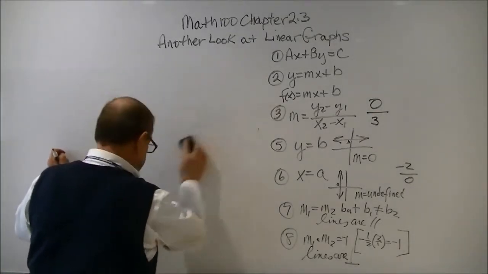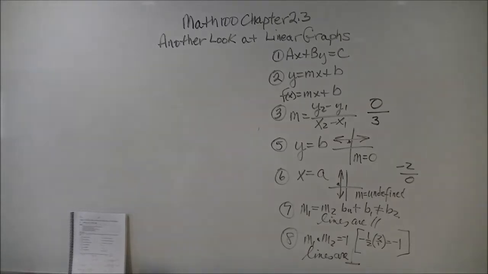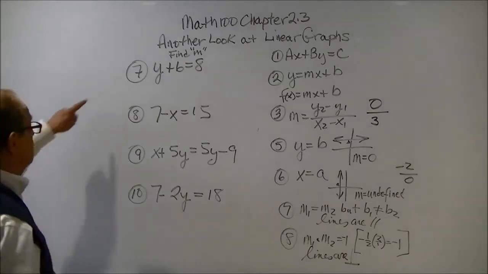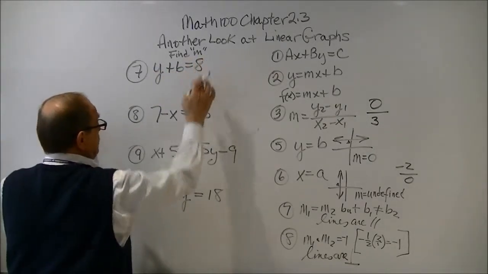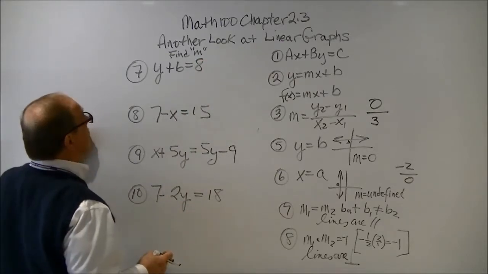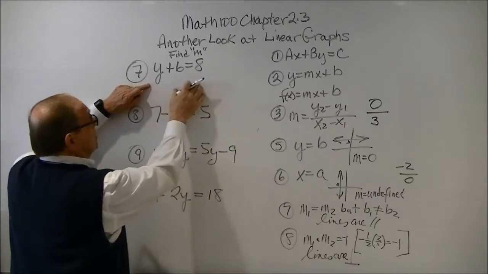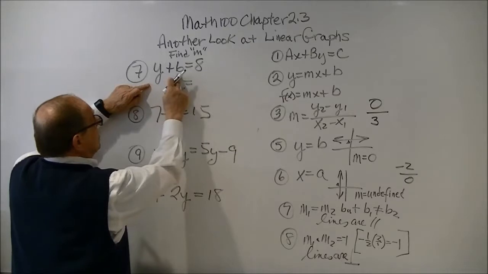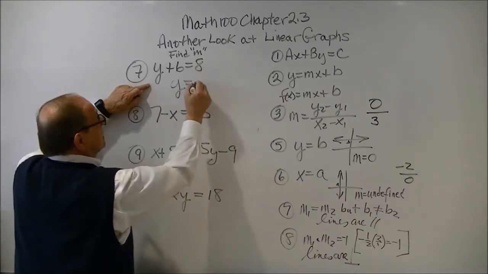So let's start with our examples. For examples 7 through 10, they want you to find the slope, that is m. Here we're going to solve the equation for y. Y equals, and we're going to transpose the 6, it becomes a -6.